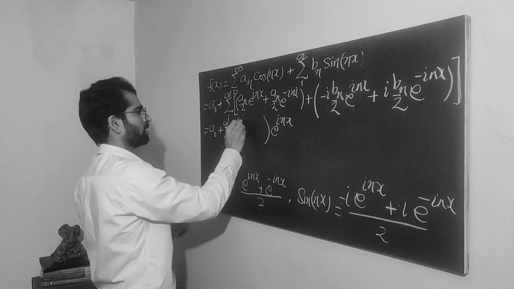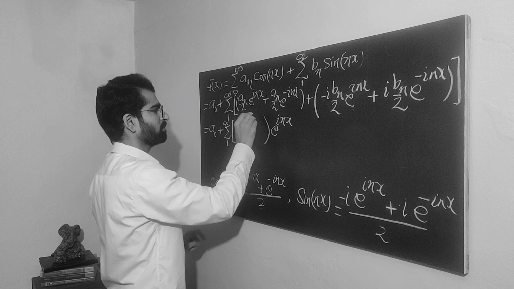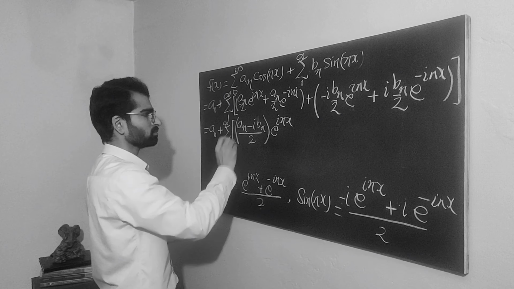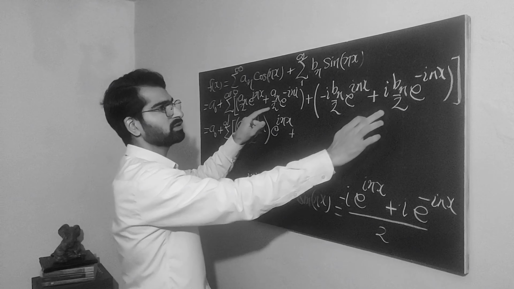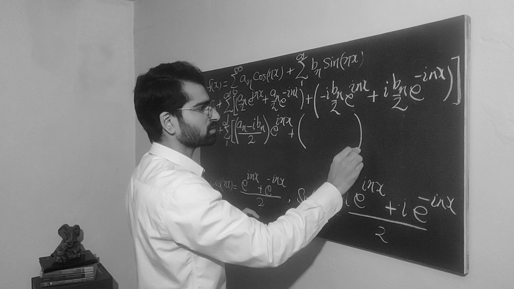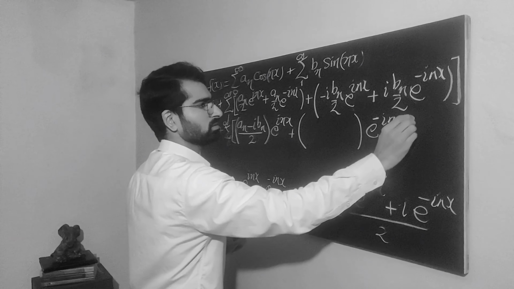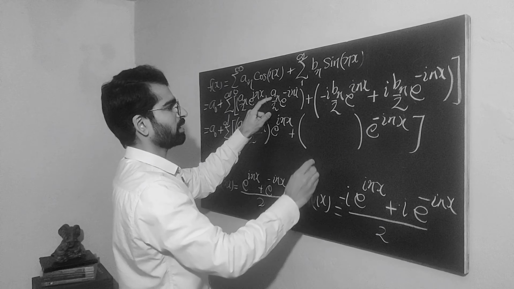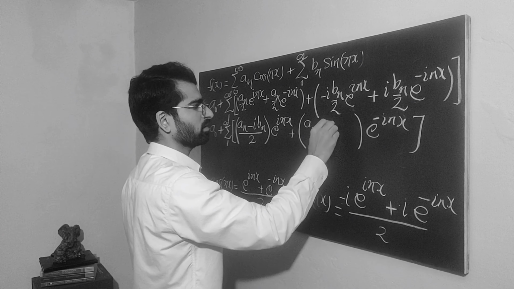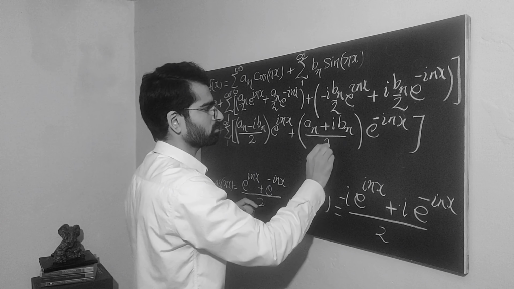And I get here An minus I Bn over 2. Then I have these two, and they are common, these exponentials, e to the minus I n x. I get An, and I have plus now, plus I Bn over 2.